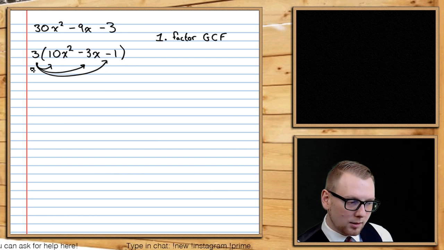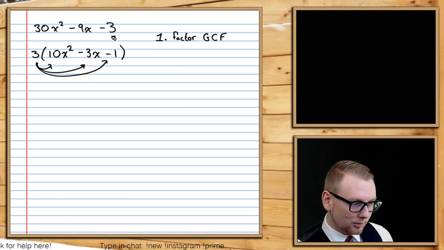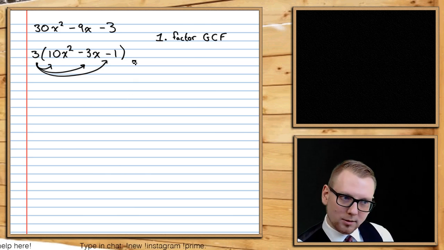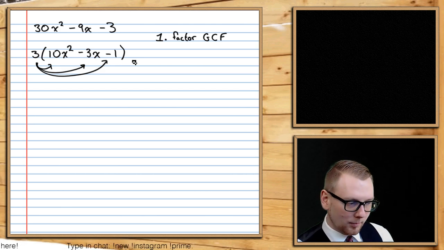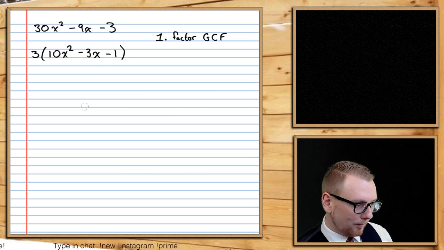So do you see how to get the 3? Yeah, so this is the first step, is factoring the greatest common factor. We're just getting there. The other questions before didn't have one to take out to begin with, so we kind of just skipped the step. Okay, so now I don't need these arrows anymore.